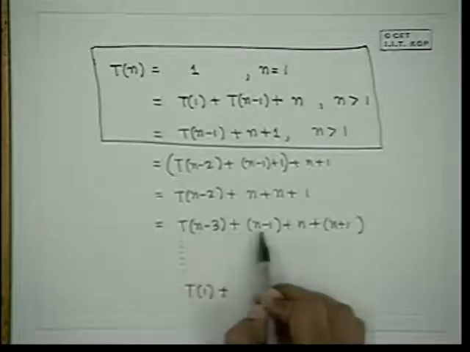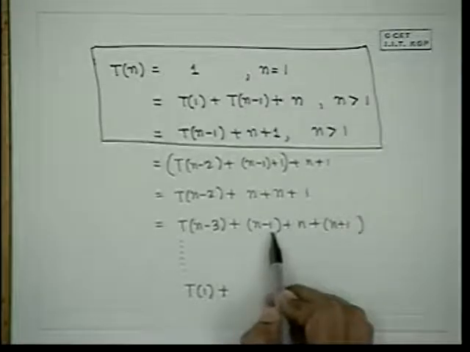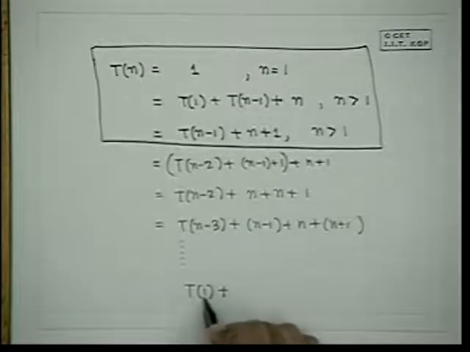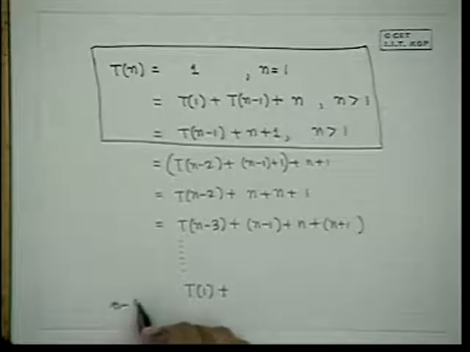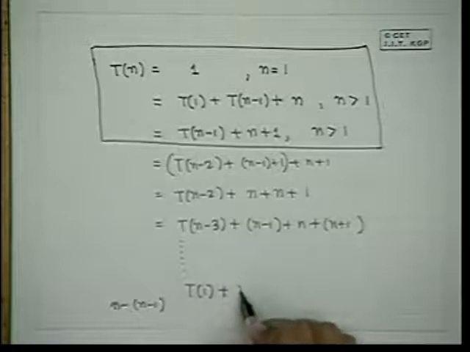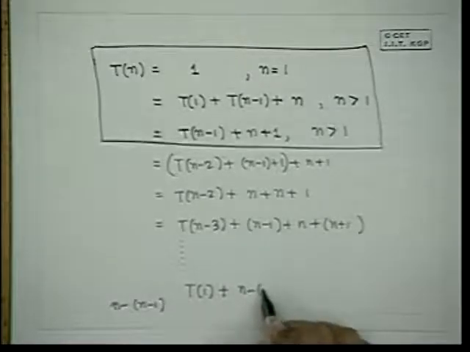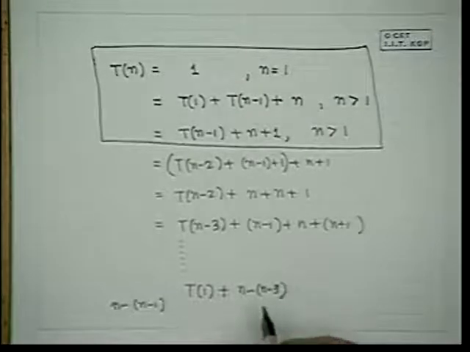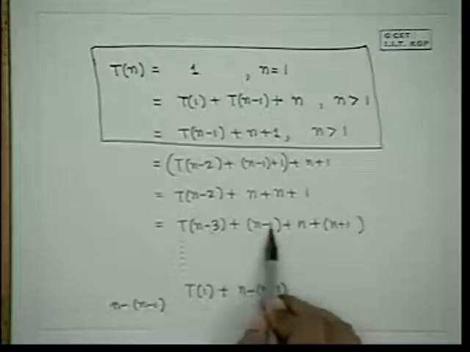And this will go right up to T(1) plus the series. When this is n minus 3, this starts from n minus 1.